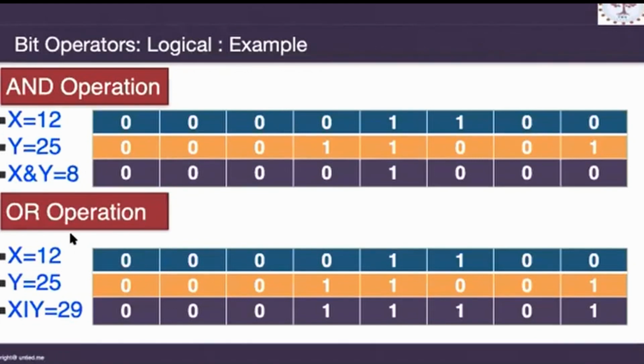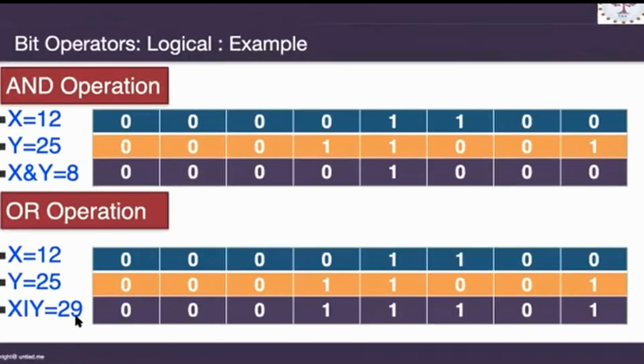If we do the OR operation with the same variables, the OR operation tells us that when you have 0 and 0 at both corresponding places, only then you will get 0, otherwise you will get 1. So if 0 and 1 are there, the result is 1, and 1 1 equals 1.